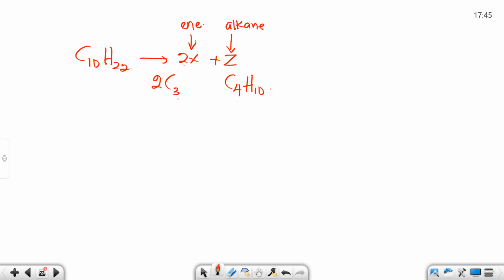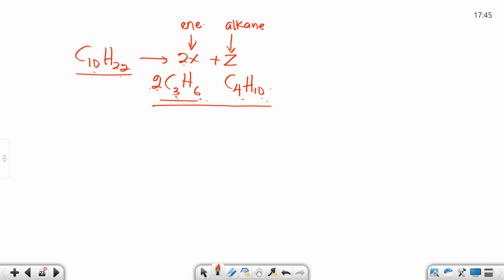C3. Because that 2 multiplied by 3 would give me the 6. And then H what? 22 minus 10. 12. But there's a 2 there. I cannot write 12 here because of that 2. So what do I write? 6. Done. So when you add everything here, it must give you this. 2 times 3, 6, plus 4, 10. 2 times 6, 12, plus 10, 22.